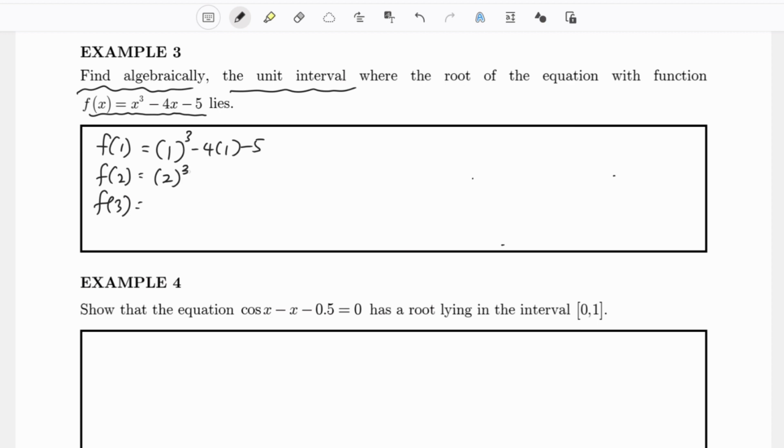Substitute for the rest. Press your calculator, and you get negative 8, negative 5, 10. So this is less than 0, greater than 0. Between these two, we have a change of sign.